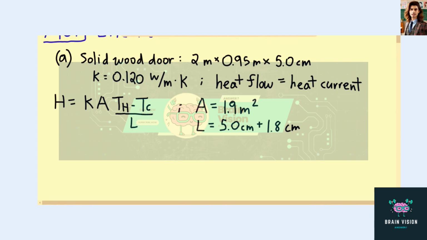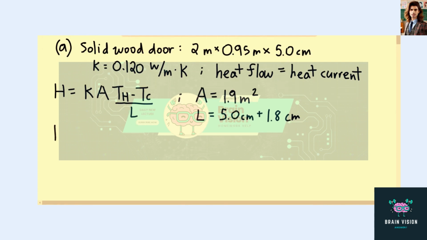So all we have to do now is plug in our values and solve for H. We'll call this H sub door, or for simplicity's sake, H sub D. So that's equal to K, which is 0.12 watts, and while you're writing this out, keep in mind what you want our units to be.